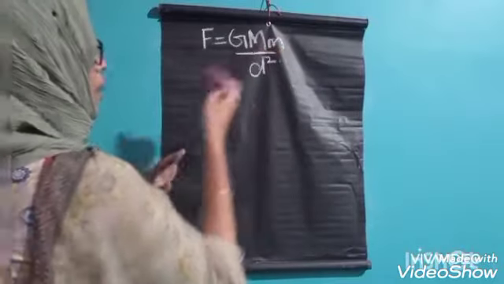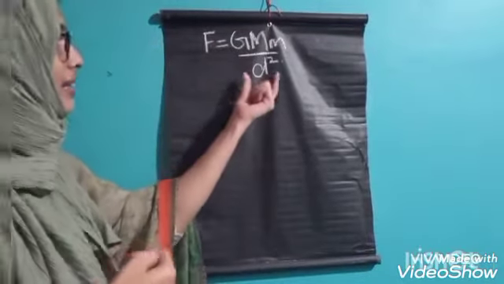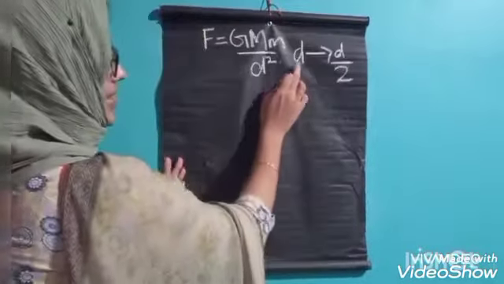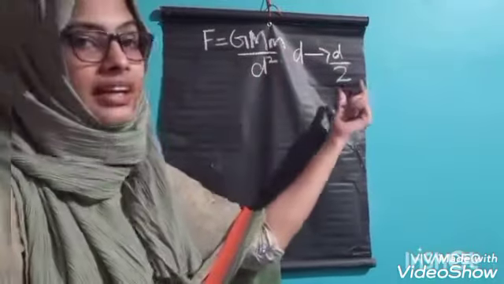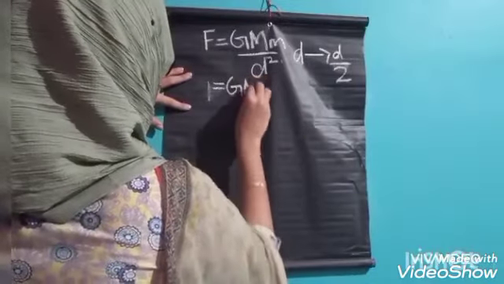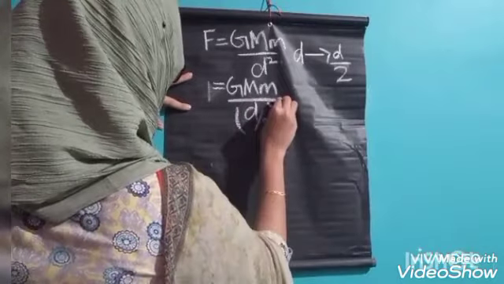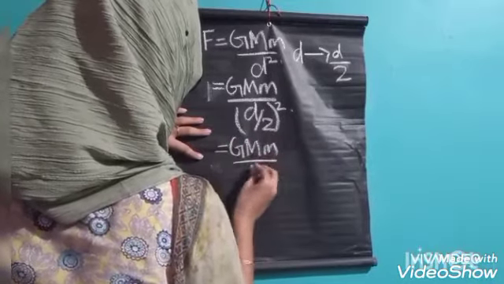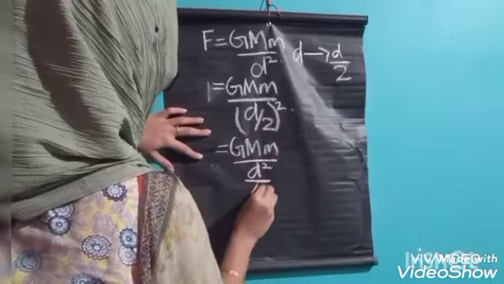We know the equation is here. When the distance is reduced to half, D is changed to D by 2. In the place of D we substitute D by 2, so F is equal to GMm by D by 2 all square, that is GMm by D square by 2 square, which is 4.